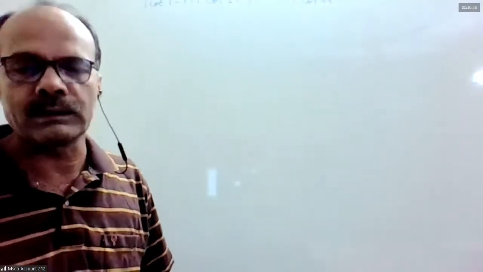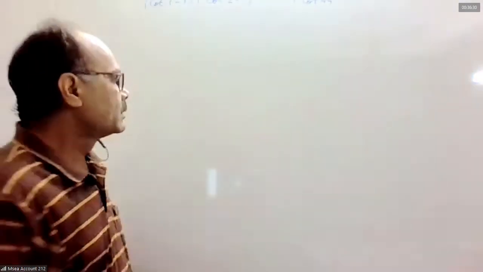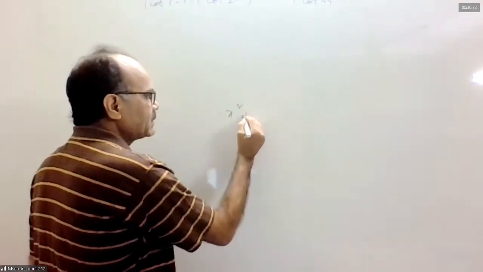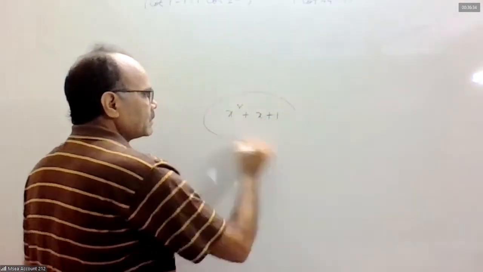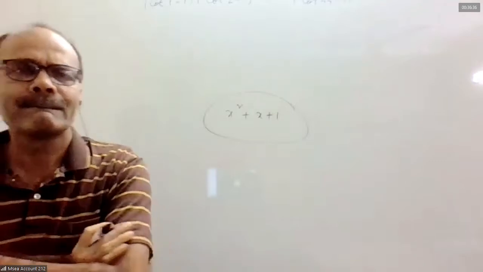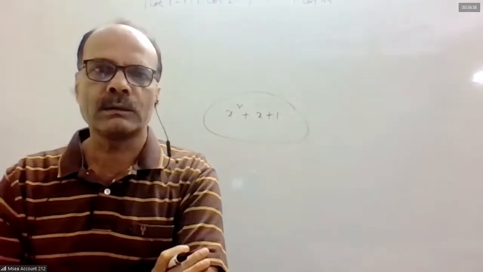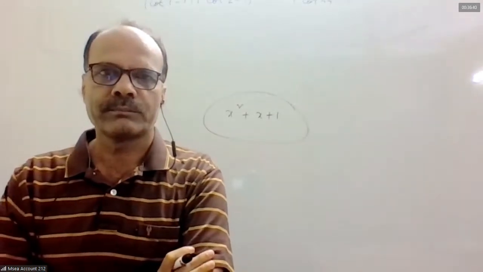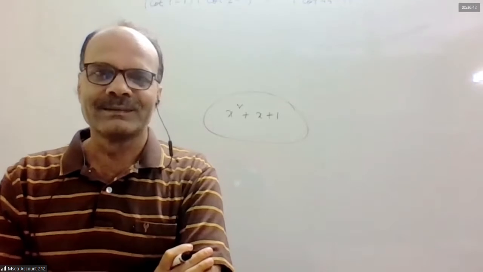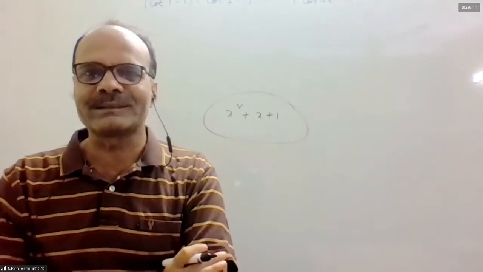Alpha and beta are roots of the equation ax square plus bx plus c, then 1 plus alpha square. He said alpha and beta are real roots, which means alpha is real. If x is real, what is this value? Positive, always positive. They say this is a root, that's why you get confused.